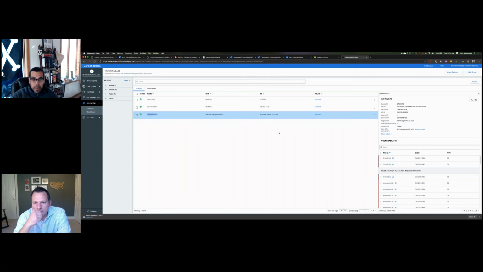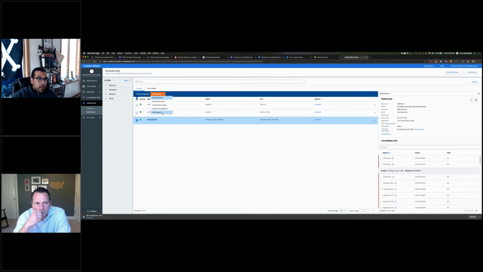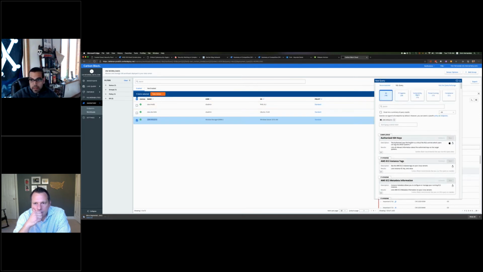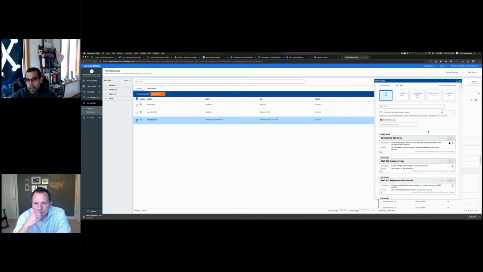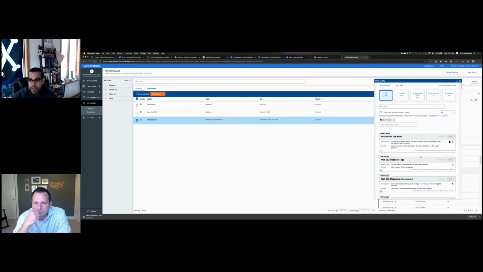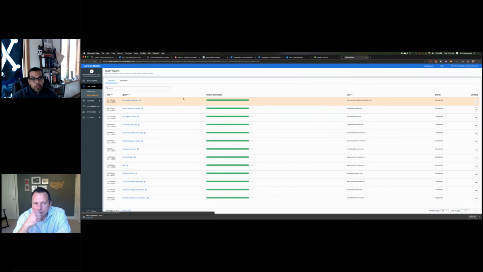And then moving further, as we have that sensor already deployed inside of the operating system, we can go ahead and leverage the querying mechanism to look at different options as to how that environment can run, if there's any configuration drift, or if there are any additional vulnerabilities that we may want to mitigate.